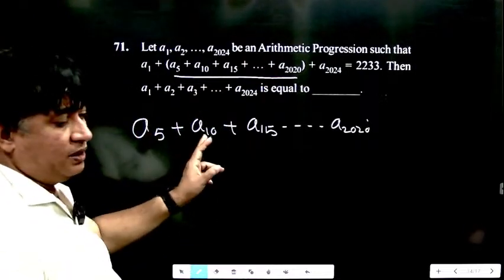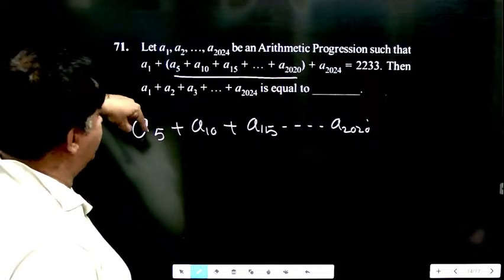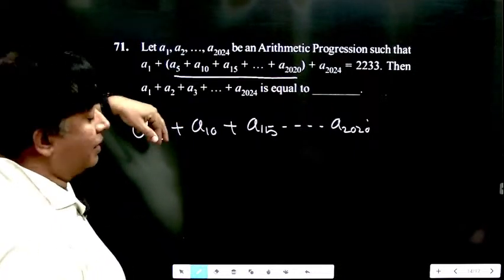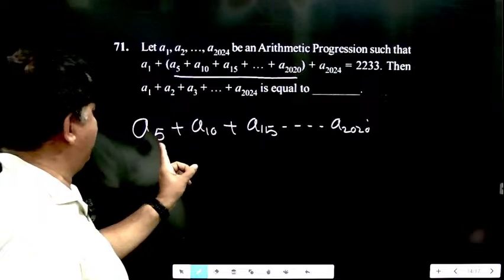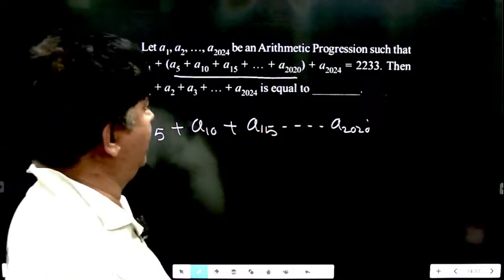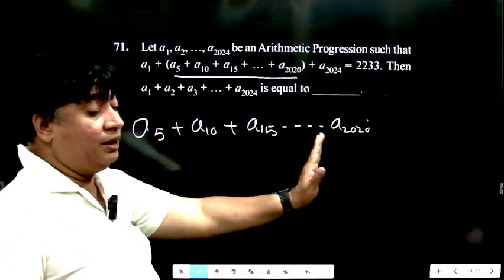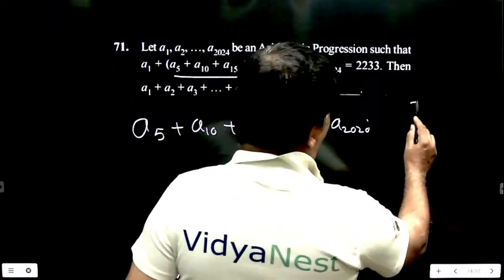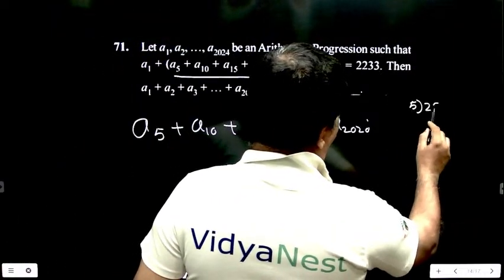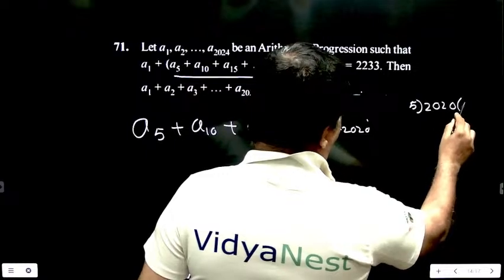Now this represents what? These are the elements recurring every 5 elements, A5, A10, A15, A2020. So how many elements are there? You can derive that and extract.